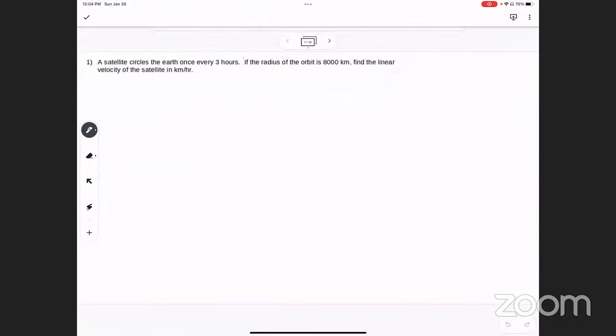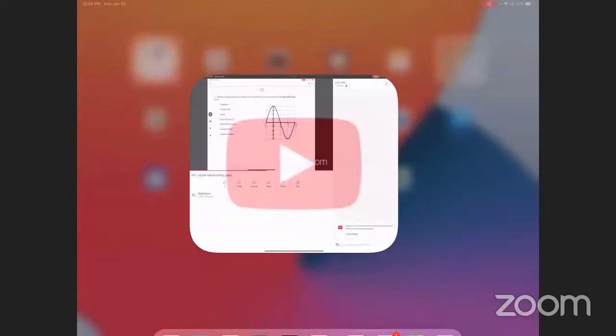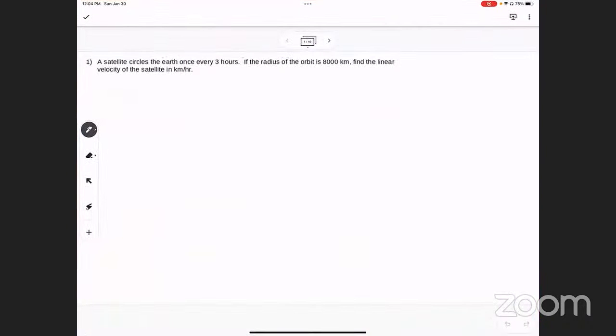So angular velocity, what formula do you have for angular velocity? All right. Go ahead. It's the circumference times, I forgot.